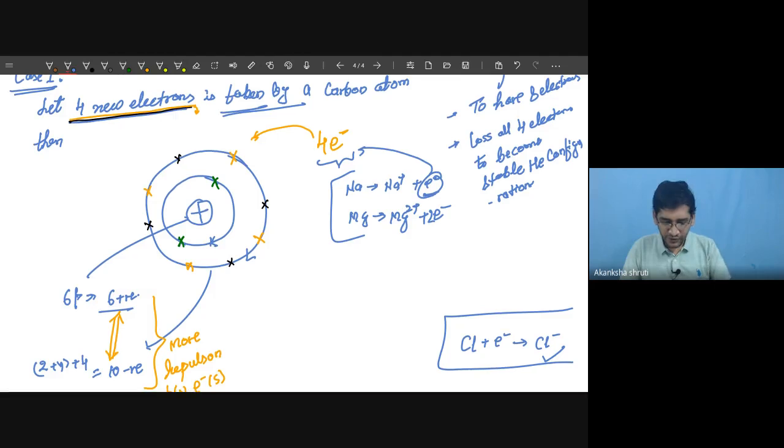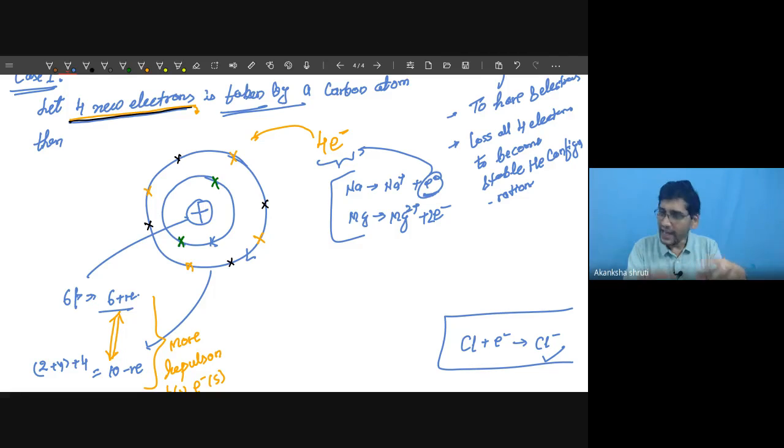If we are putting the 4 electrons, this L cell is quite small. Placing these 4 extra electrons, and 4 electrons already present, the repulsion between electrons increases. That's why they will try to move away from each other. Who is holding this electron? It is the nucleus.